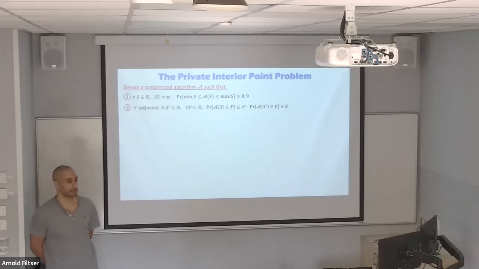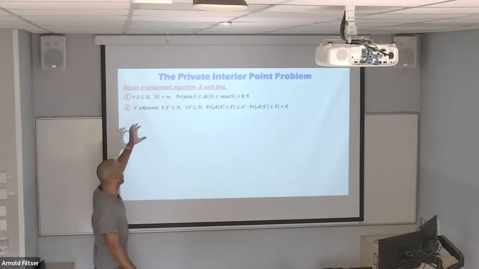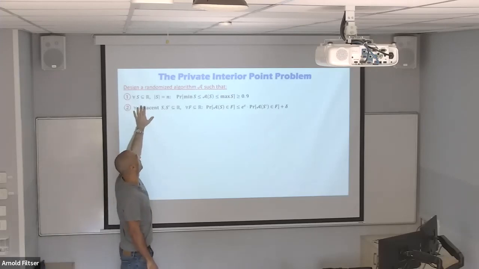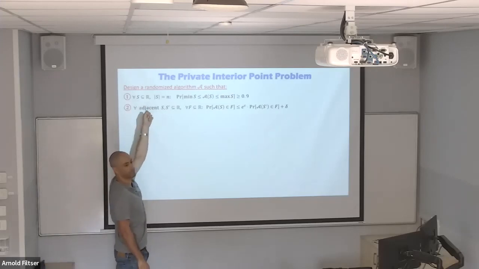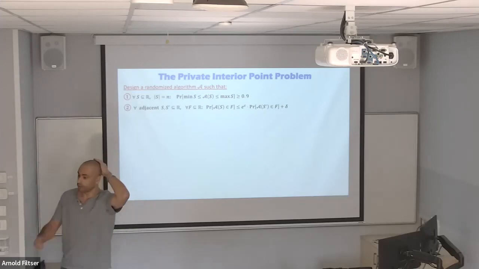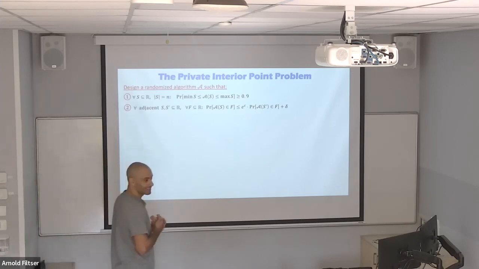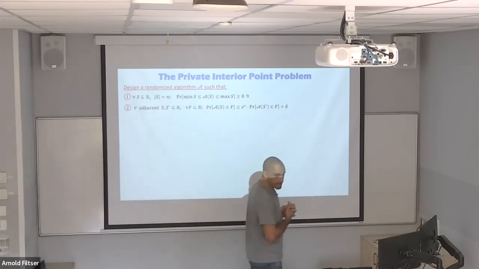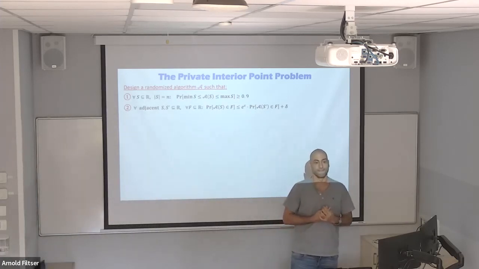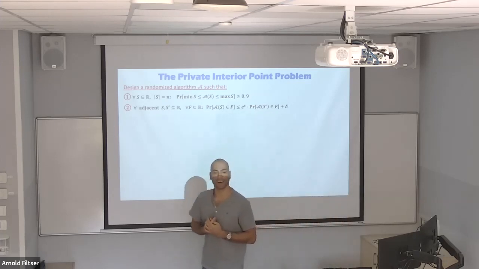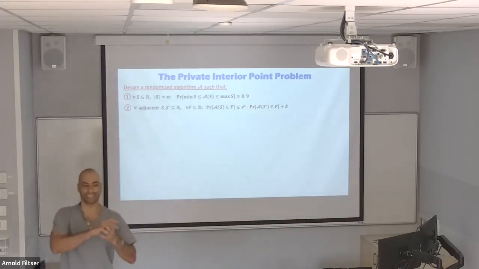So the claim is that if you have a private algorithm that solves this problem with a data set of size n, then you can use it to construct a private median algorithm with error at most n in rank. With error half of n, yes, exactly.